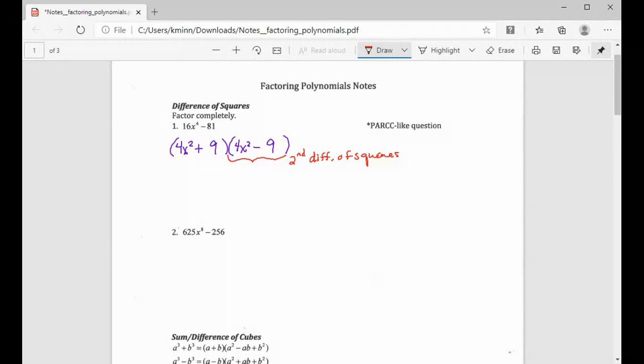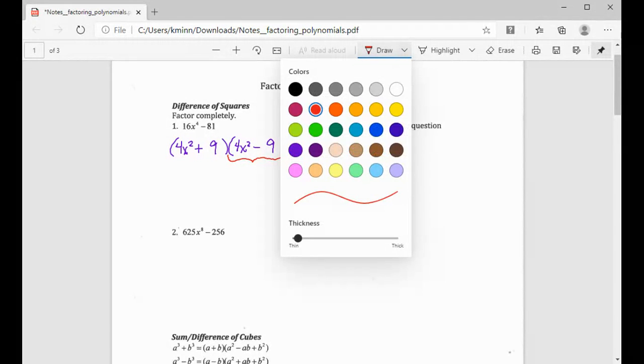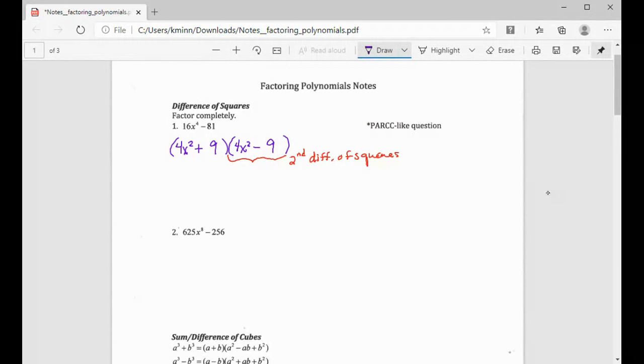We can apply the same pattern to factor that. We keep 4x squared plus 9, and then break down the 4x squared minus 9 into 2x plus 3 and 2x minus 3. So our result is these three factors for the original 16x to the fourth minus 81, and we are finished.